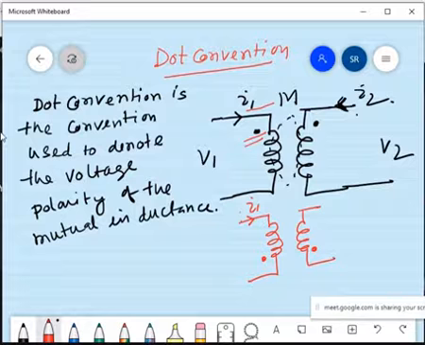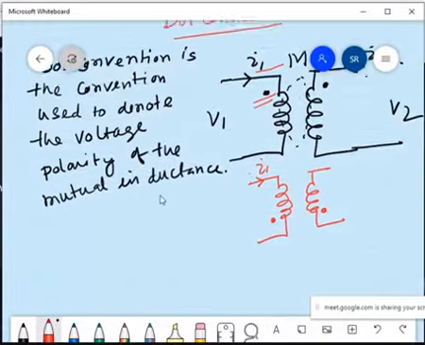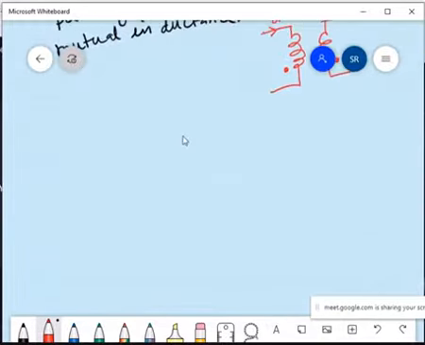But I'm writing it in a simple way, the dot convention.